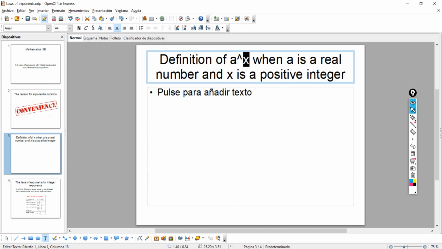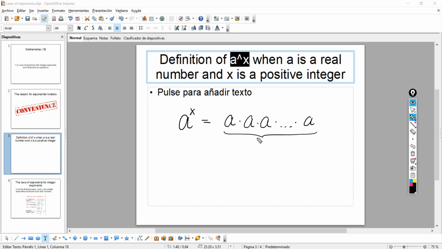So let's define this idea. What is the definition? The mathematical definition is this, guys. We're going to say that a to the x, when a is a real number and x is a positive integer, means exactly the same as the multiplication of a times itself, a times a times a times a, etc., times a, as many times as we have in the exponent.